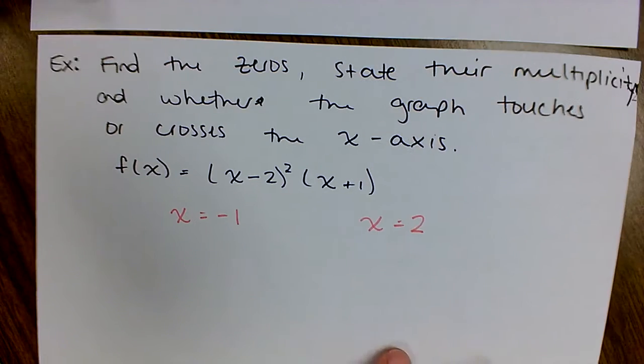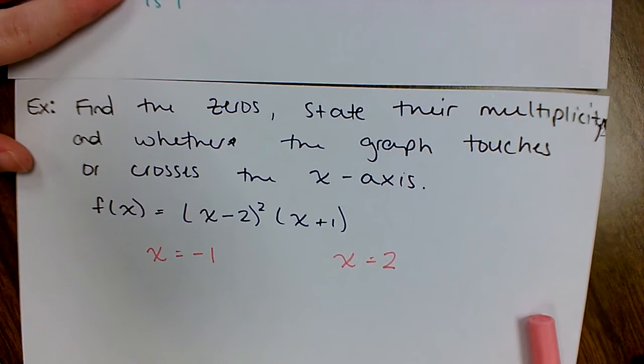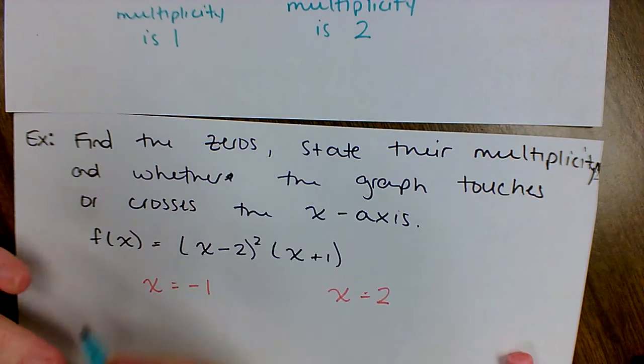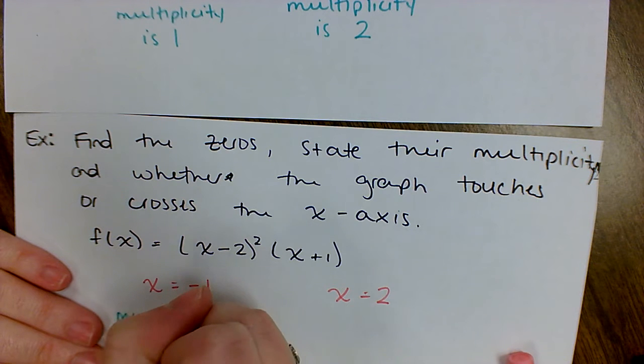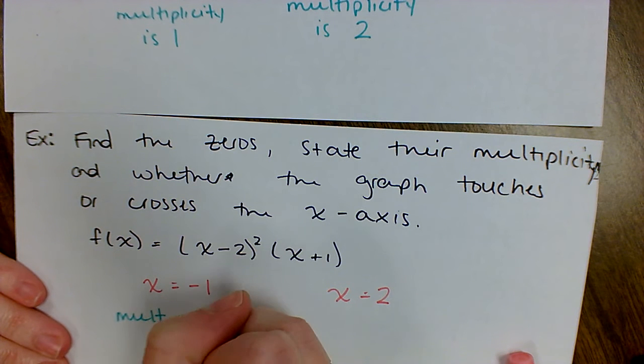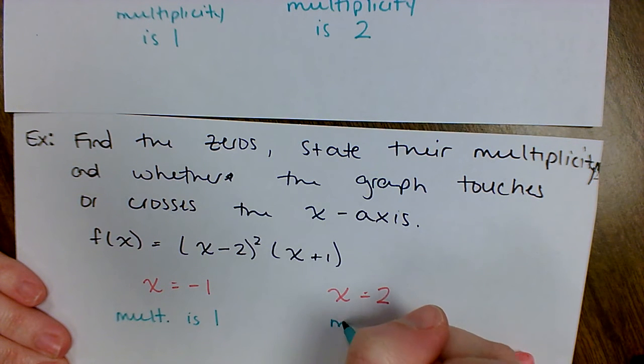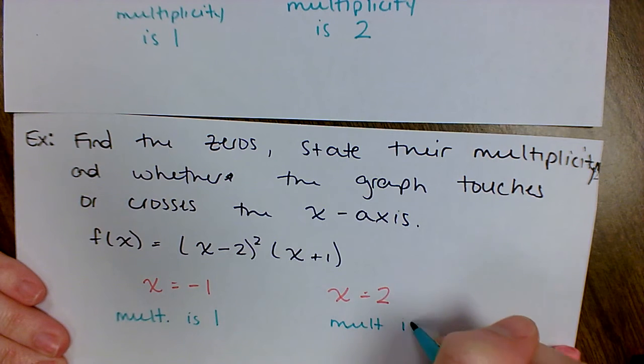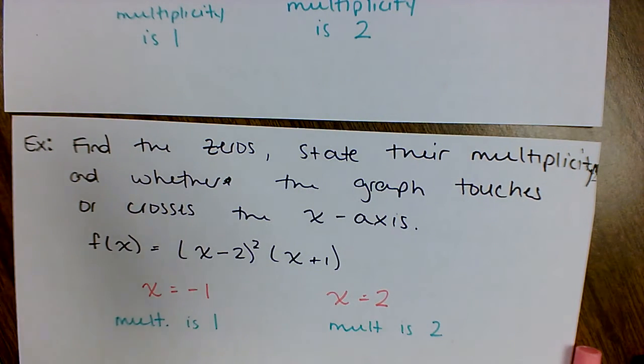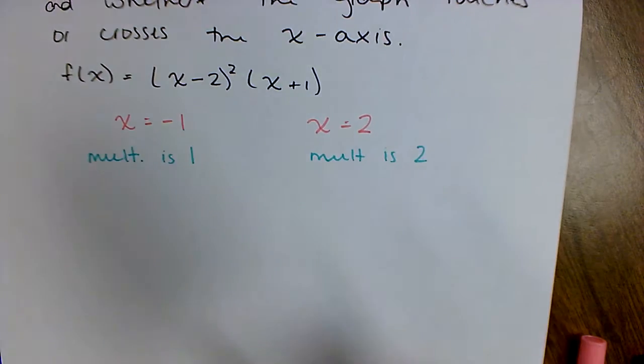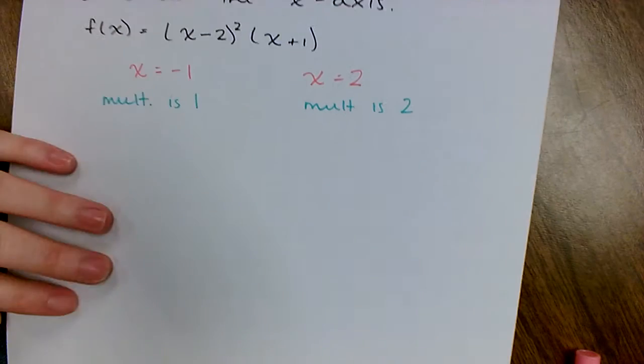Sorry, I can't get this all on the same camera angle. And then the multiplicity is 1 and the multiplicity is 2. Okay, so that's all stuff we got from the last example.